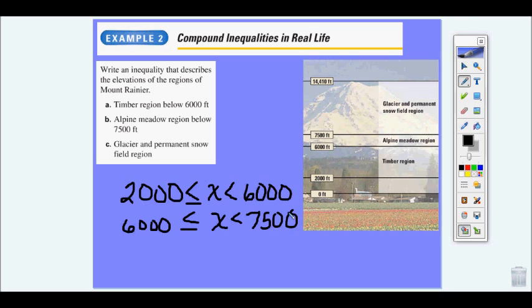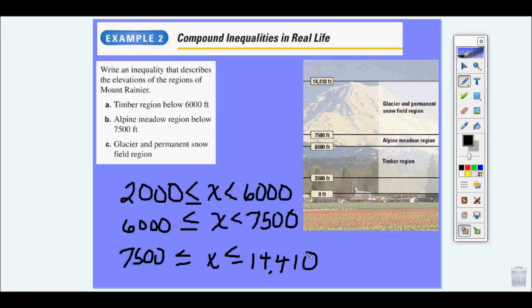And our last one then is the glacier region, and we're going to do the same type. 7,500 feet. It's going to be greater than or equal to that. But this time, because Mount Rainier ends at 14,410 feet, it's going to have to be less than or equal to the maximum height there, 14,410.